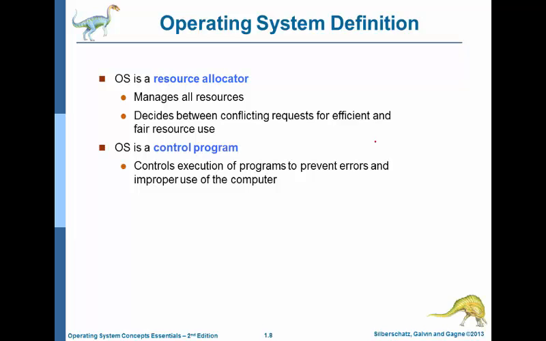A resource allocator manages all the resources and decides between conflicting requests. If there are multiple requests for the same resource, then you have to control that. A control program controls execution of programs to prevent errors and improper use of the computer.